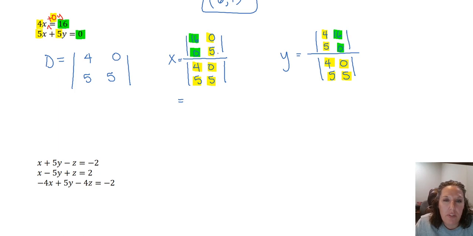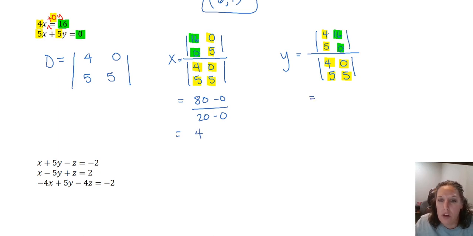All right, so now if we find this determinant, 16 times 5 is 80 minus 0. In the denominator, we get 4 times 5 is 20 minus 5 times 0 is 0. So we get 80 over 20, which is 4.